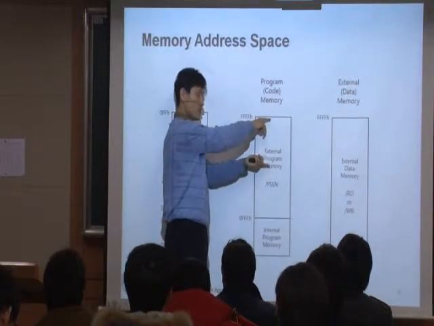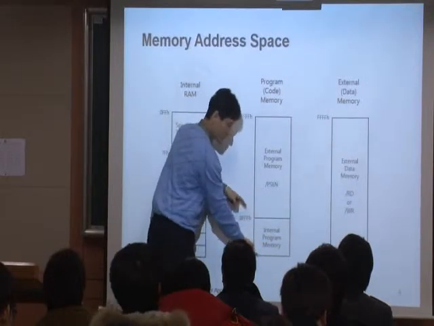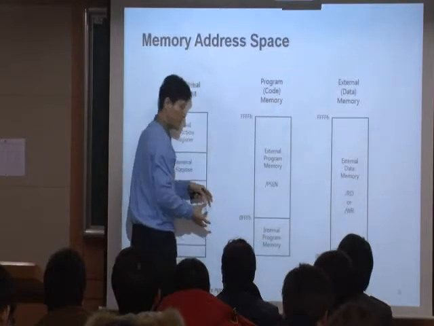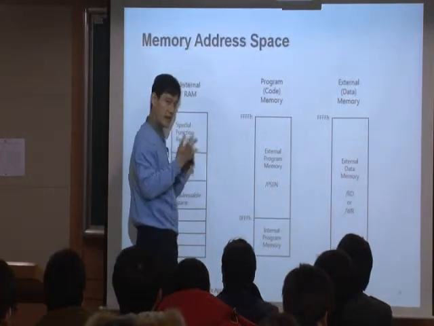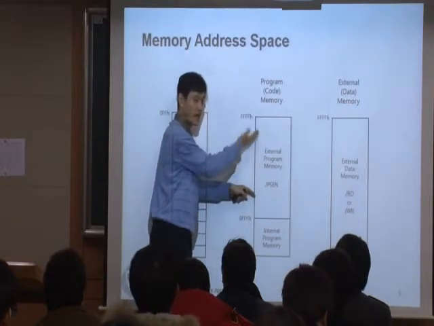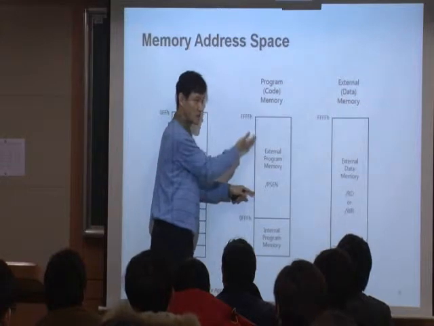You can put it here, or you can put it here. In that case, from here to here, 4K of space, you map your actual memory into this address space, and the other 12K you are not using. Right now, you are not using it.